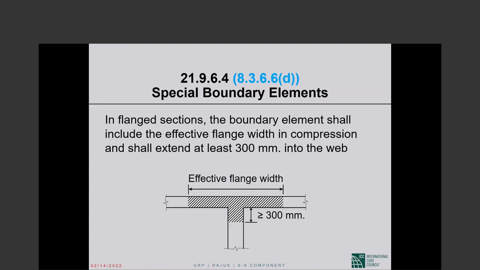I don't know. We definitely do not provide a beam-like element at every level within the shear wall. We do not. That is an unqualified answer. That would be a detailing nightmare, and there is no reason for us to do it.